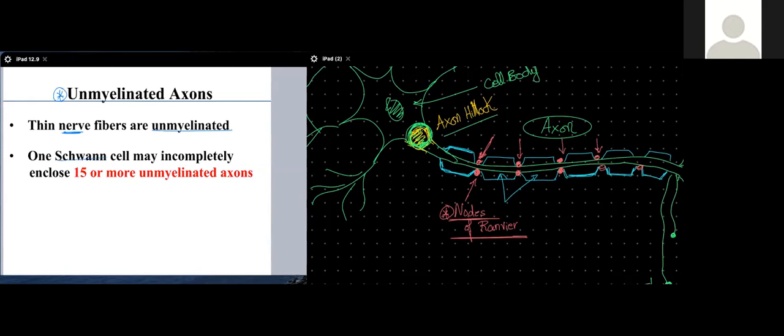And this is due to the scarcity of the Schwann cells. So I have one Schwann cell that's going to be surrounding 15 unmyelinated axons. So I don't have enough Schwann cells that are going to be surrounding my axons.